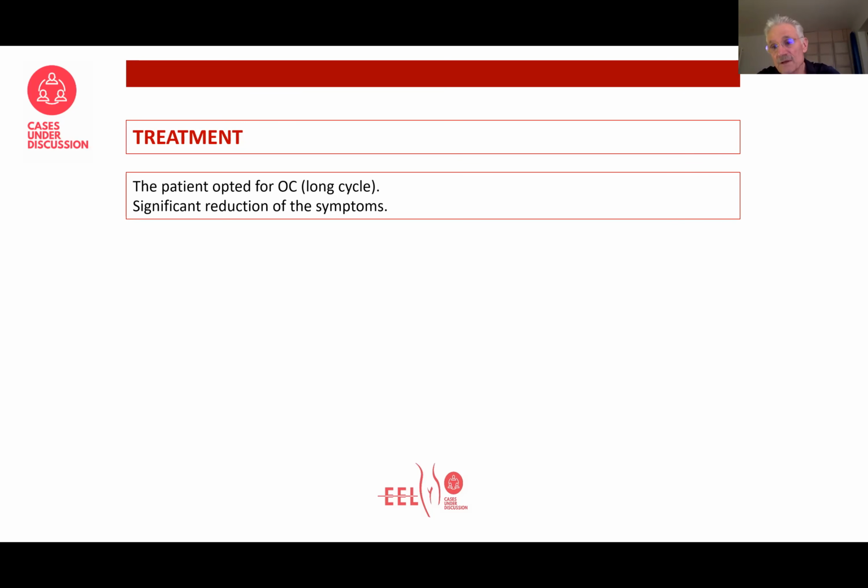If you give the contraceptive pill continuously and she continues to have pain, then it's much more likely that it doesn't come from endometriosis. I explain to the patient, first of all, let's have a hormonal diagnostic treatment. That means you don't take it for years, just for 3-4 months, and then have a look. And then you get an impression, is there any correlation or not?